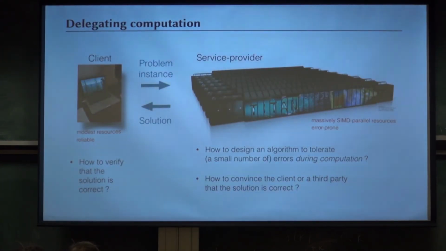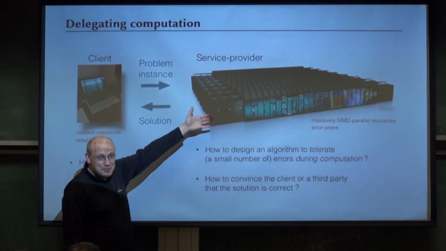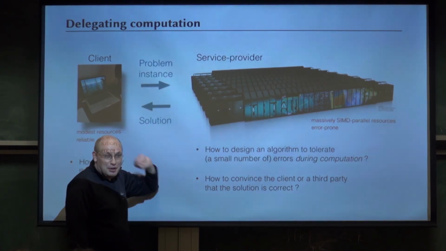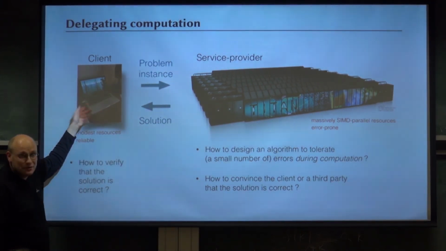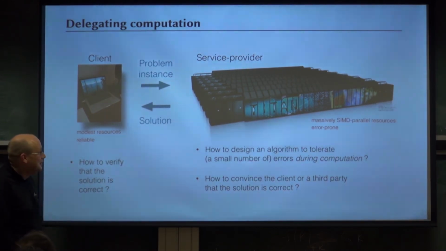So again, to maybe show this picture again: everybody knows the problem instance, and then you farm it out to lots of parallel machines, evaluating at distinct points. You get the point evaluations back. Over here, you can run the decoder and check that you got what was agreed on, and so forth.